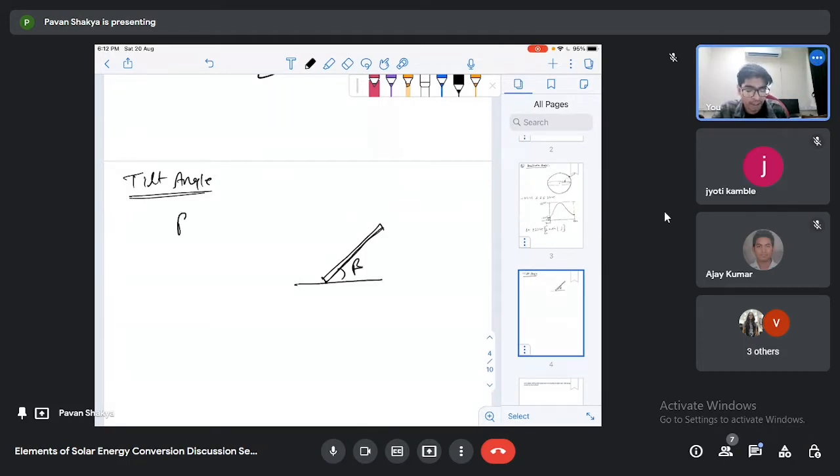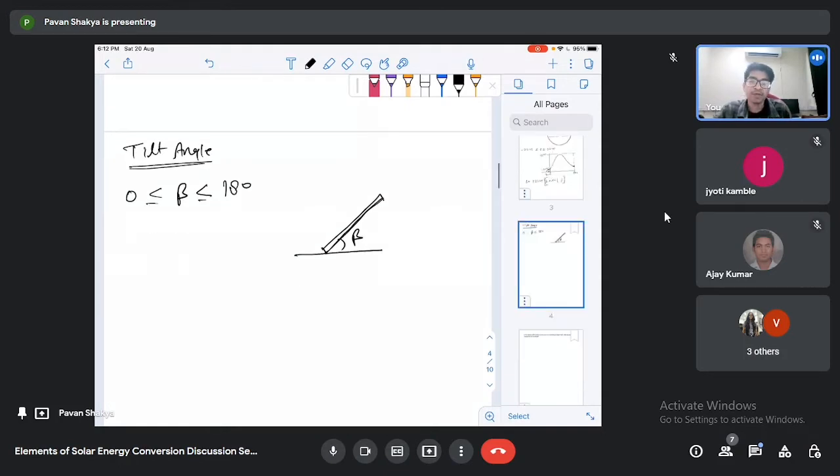So that tilt angle can vary between beta equal to 180 to 0. Of course it can be equal to 180 or 0. From this figure we can see that if beta is greater than 90, and this is the surface, and sunlight is falling like this.